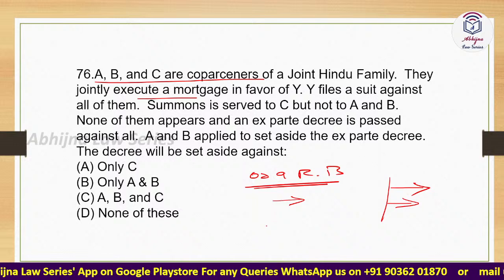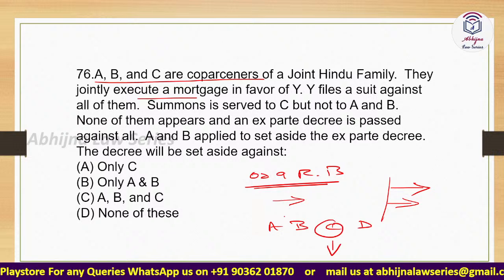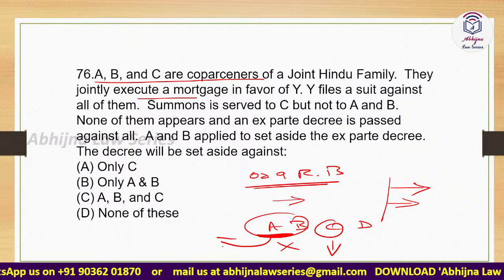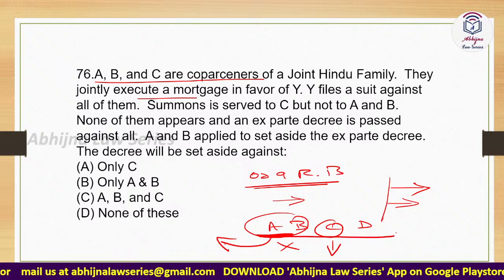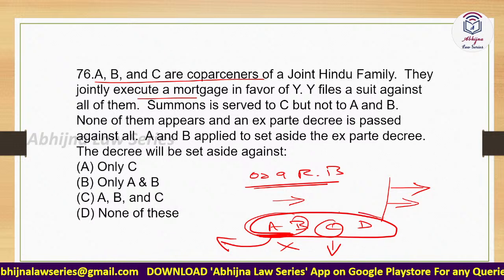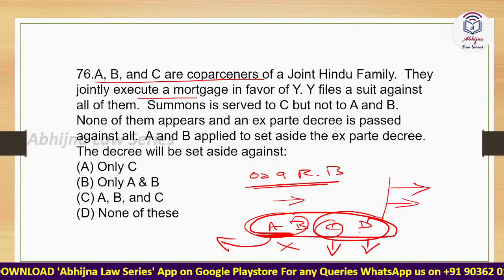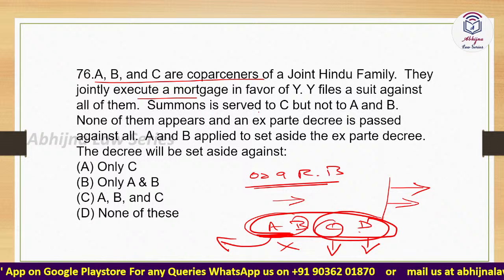But sometimes, out of so many defendants, few would have appeared and few would not have appeared. So these two persons can set aside the ex parte decree. But when they set aside the ex parte decree, it could be against the whole set of persons. Although C and D would have appeared, the decree has to be set aside because it is related to them. It's joint in nature, right?